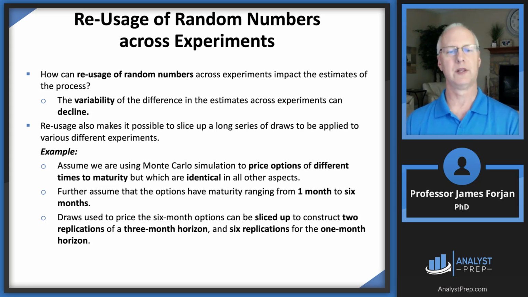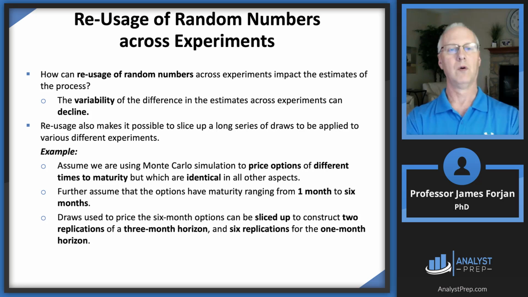Now let me jump right into the example here, and then I'll go back and explain this reusage. So let's suppose that we're trying to price options on an individual security or an individual index, and the only difference is the time to expiration. So we might have a 1 month option, a 3 month option, a 6 month and a 12 month option.